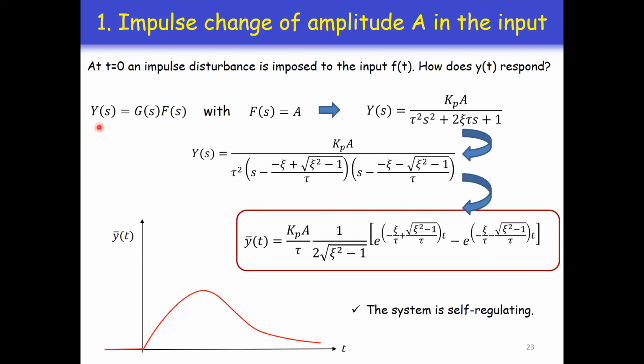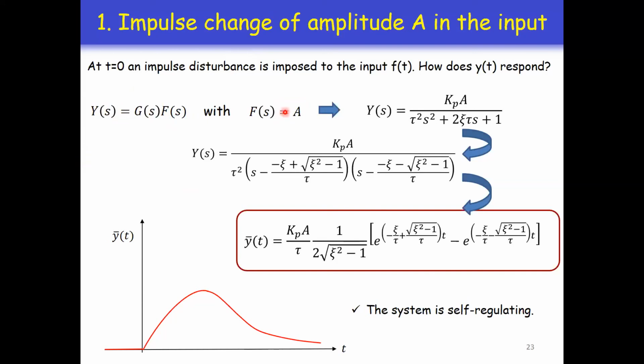Again, the response in the Laplace domain, follow my pointer, is equal to the transfer function times the Laplace transform of the disturbance. So the Laplace transform of the disturbance is A, because we have an impulse of amplitude A. And if you go to the table, the Laplace transform of the impulse of amplitude A is A itself.